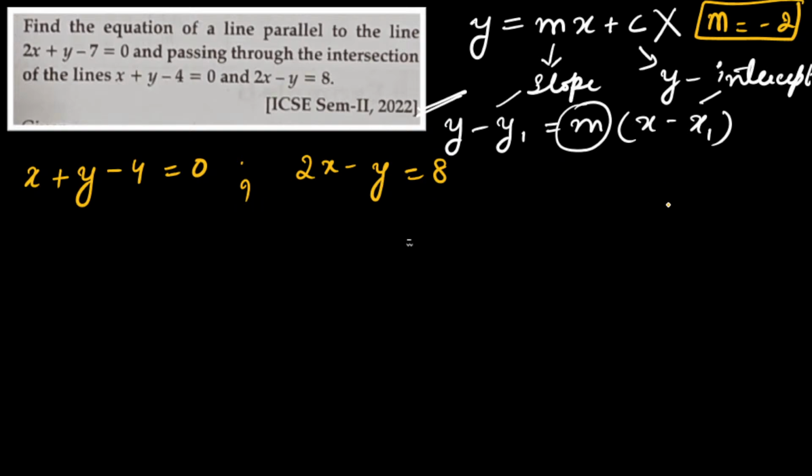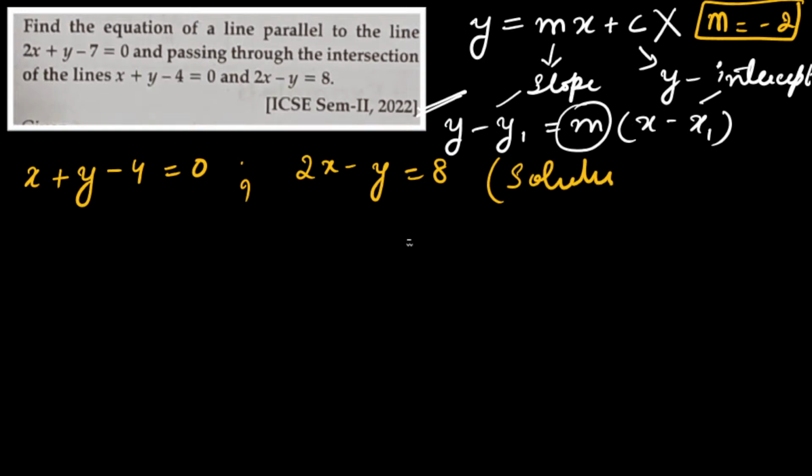Point of intersection means where these two lines are intersecting, like this. That particular line is also passing through this point only. Point of intersection is nothing but the solution of these two lines.